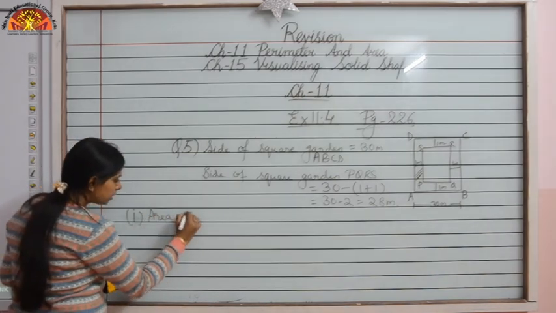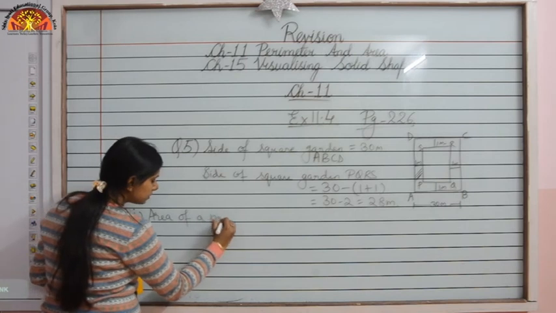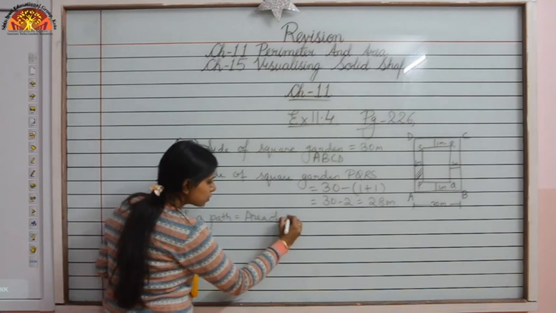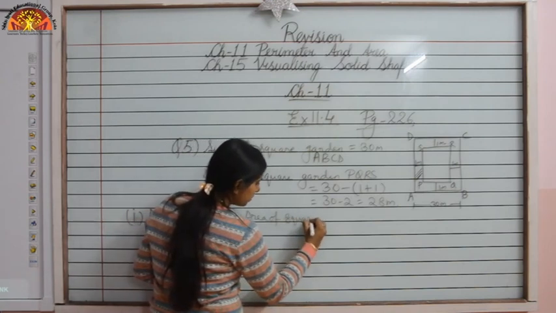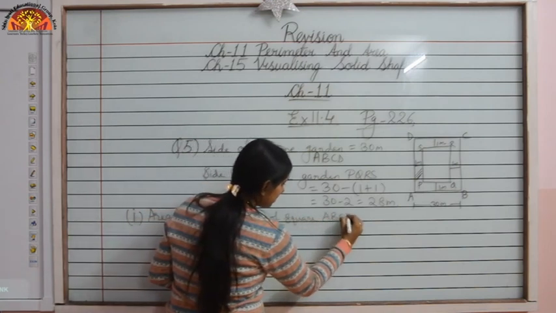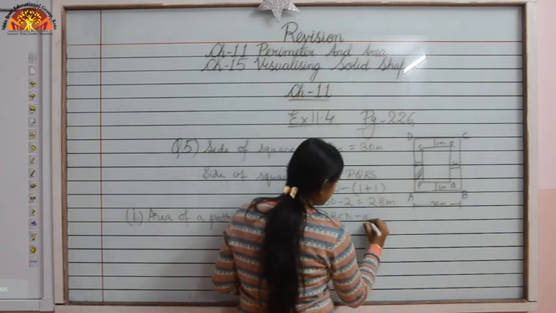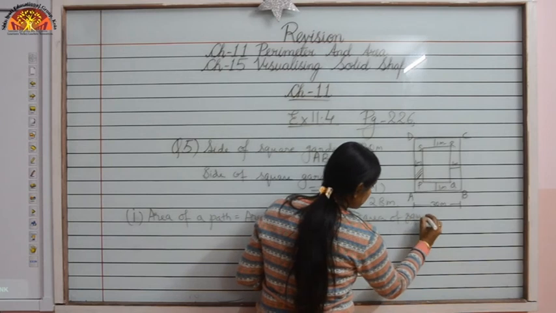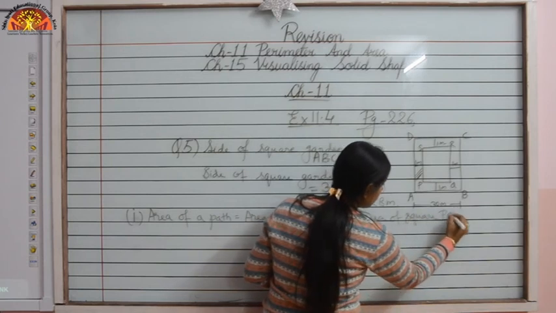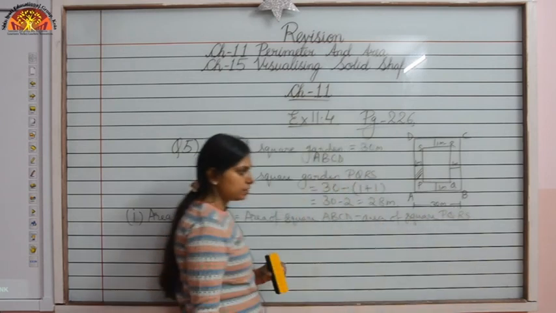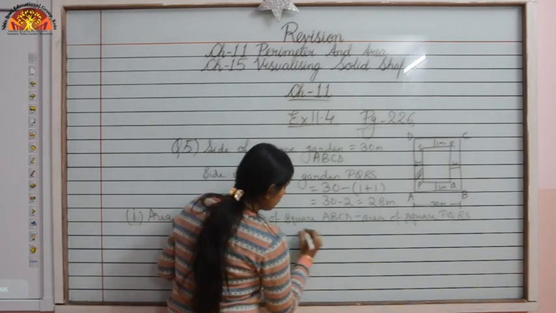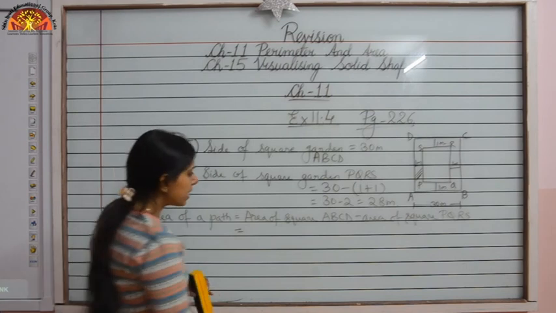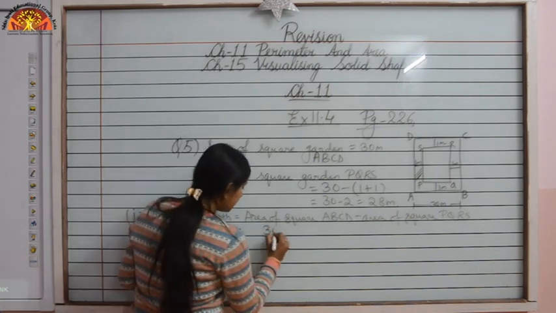So the area of the path is equal to the area of square ABCD minus the area of square PQRS. Is it clear? So the area of square ABCD is equal to side into side, that is, side is 30.